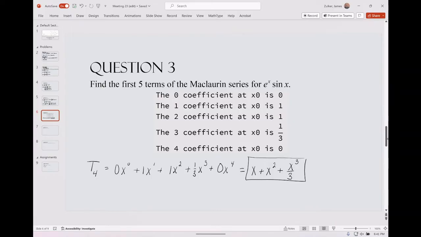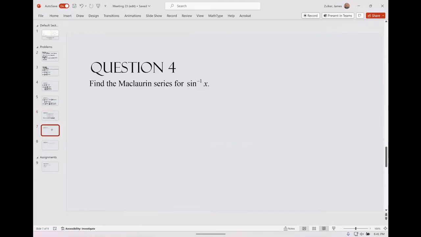See that? Maclaurin series for inverse sine.